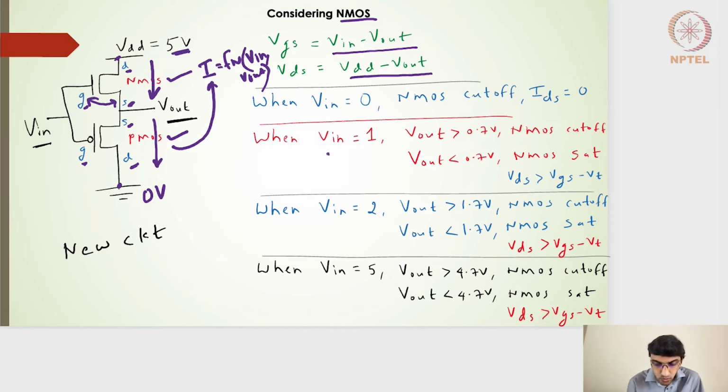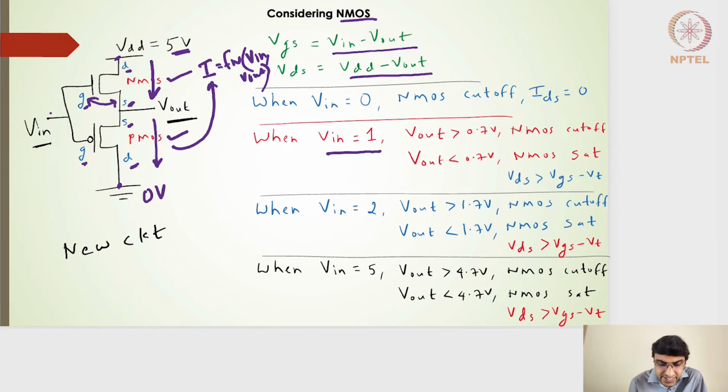When V input is equal to 1 volt, V output again has to be between 0 and 5 volts. Right? If V output is between 0 and 5 volts, I don't know what current it will give.